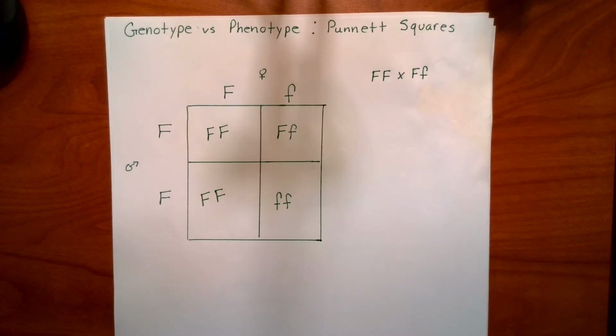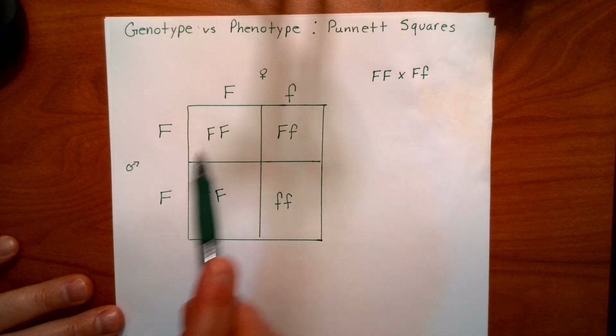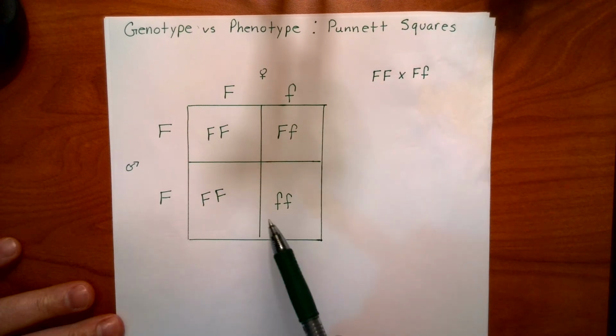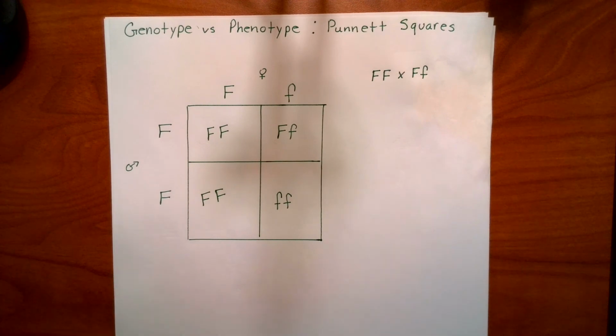Okay? And so you've got three different possibilities for the genotype of the new individual, but you basically have just two phenotypes. They either are going to have freckles, so they have a 3-in-4 chance of having freckles, and a small chance of not having freckles.